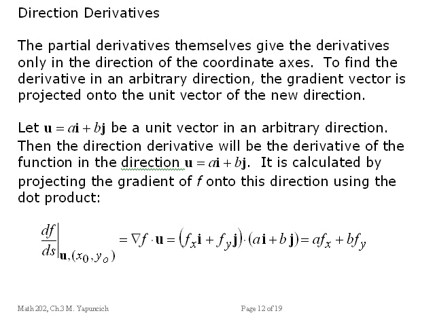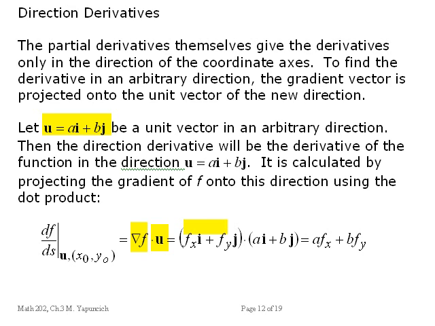So let's say that u equals ai plus bj is a unit vector in any arbitrary direction. Then to find the derivative in that direction, you project the gradient vector onto the direction u.